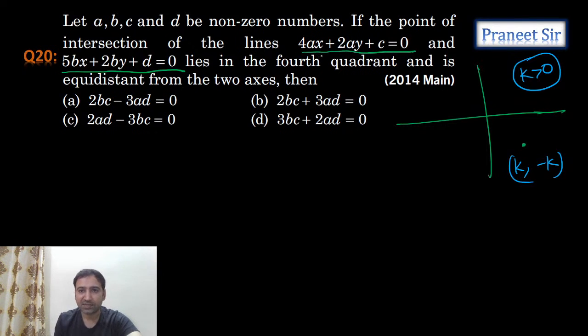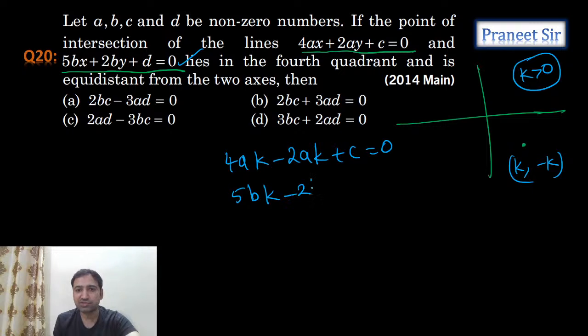And substitute here. If you substitute here, what I get is 4ak minus 2ak plus c is equals to 0. And if you substitute it in the second equation, 5bk minus 2bk plus d is equals to 0. So from these two, can I eliminate the k value, guys?